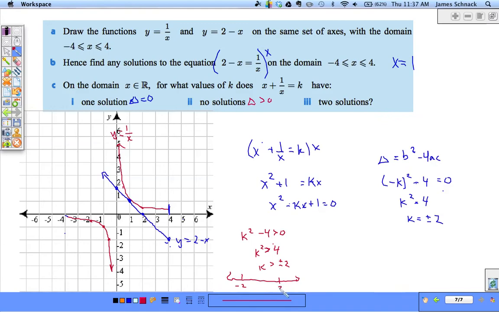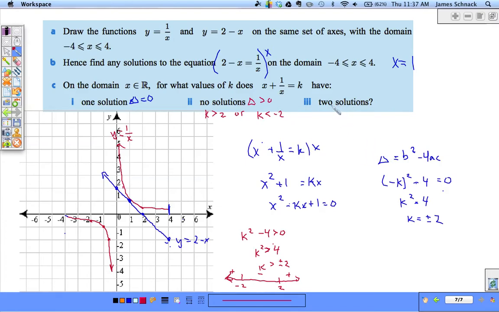Put our zeros on and test a value. Let's test 0. 0 squared minus 4. Well, that's negative. And that means that these two parts have to be positive for the discriminant. So when there are two solutions, k can be greater than 2 or k can be less than negative 2.